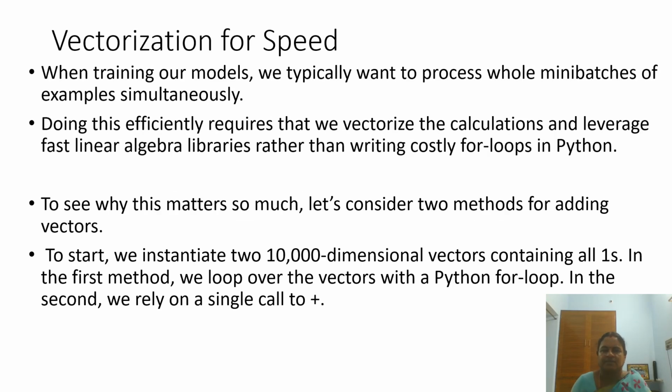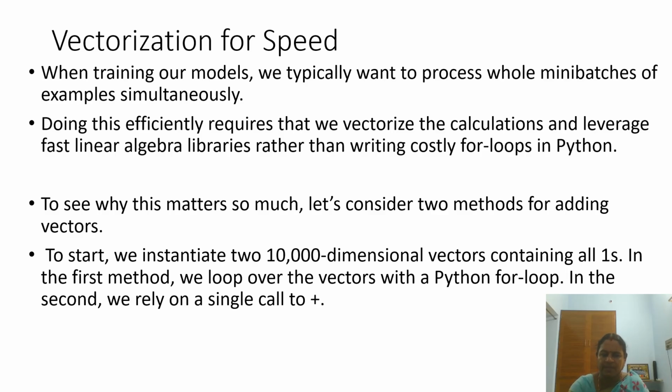So let us see the implementation of vectorization for speed. While you train your models, we typically want to process whole mini-batches of examples simultaneously. Here we can use an example in Python, that is PyTorch. We instantiate two 10,000 dimensional vectors containing all ones. It has been depicted using two methods.